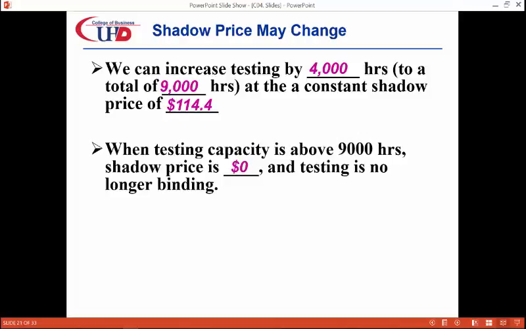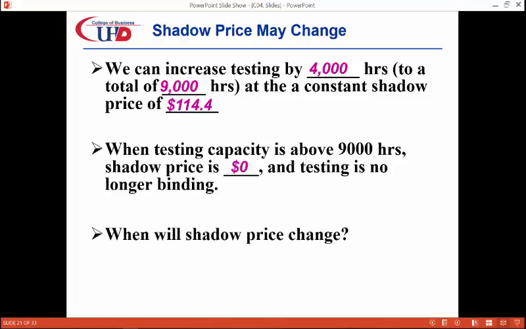If it goes beyond 9,000 hours, the shadow price will drop down to $0. No benefit to profit at all. Also, testing is no longer binding. At the optimal production plan, there will be extra testing hours remaining unused.